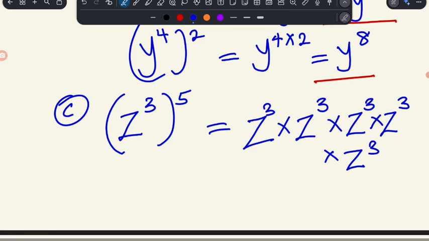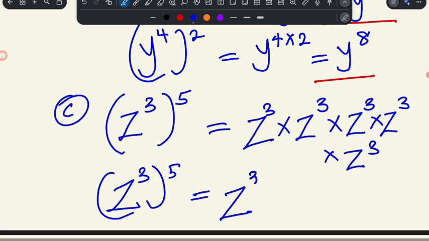That is why the formula is so important to apply. z will be 3 times 5, so everything will be z raised to power 15.